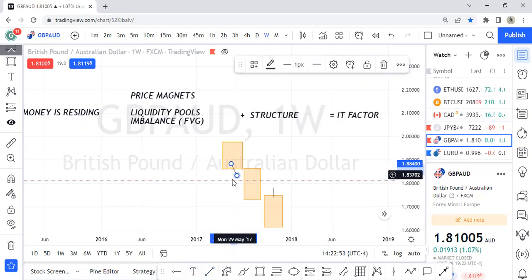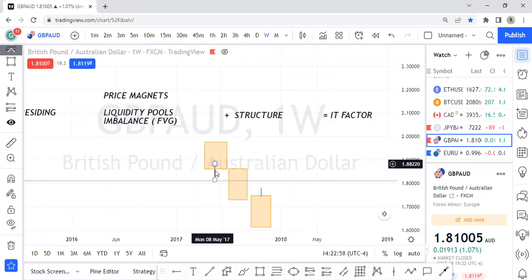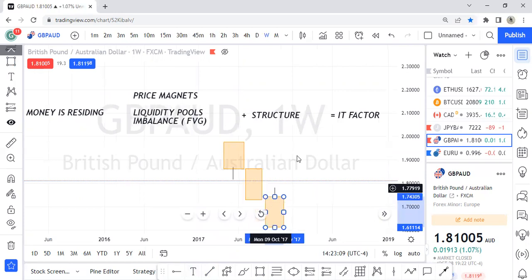So when you see this wick on both candles, notice that between this wick and this wick, what do we have? Just one straight candle, and most times these candles are very big. So you have this wick and this wick, and what do you have in between? The imbalance.